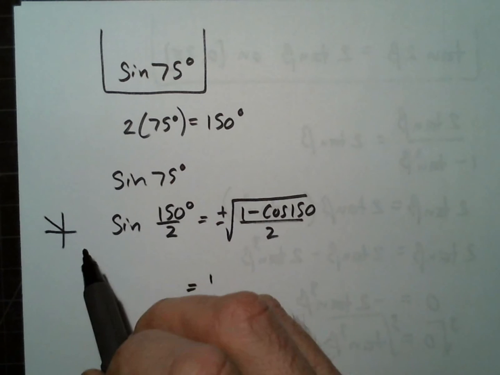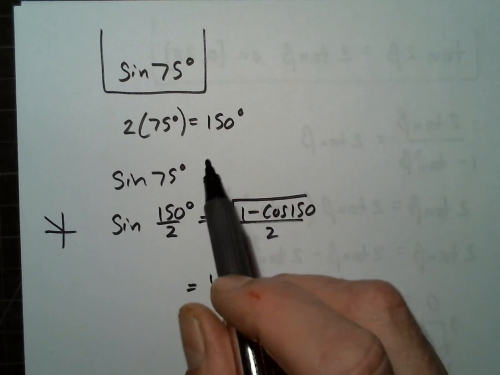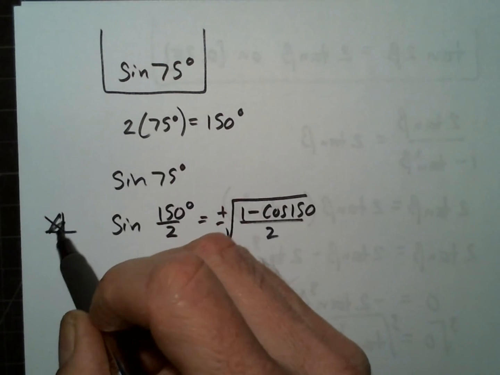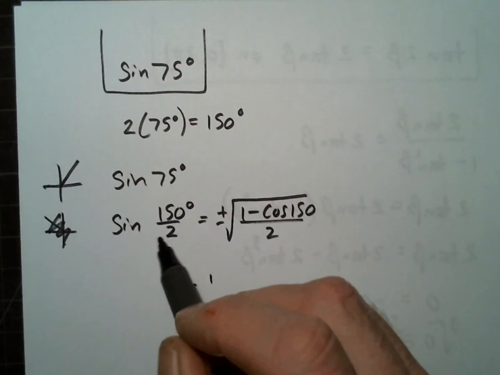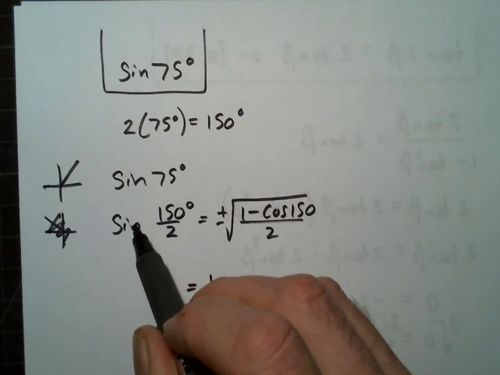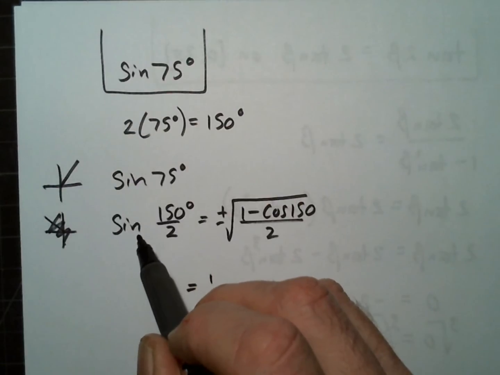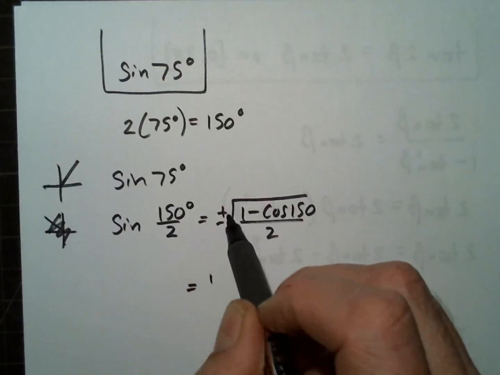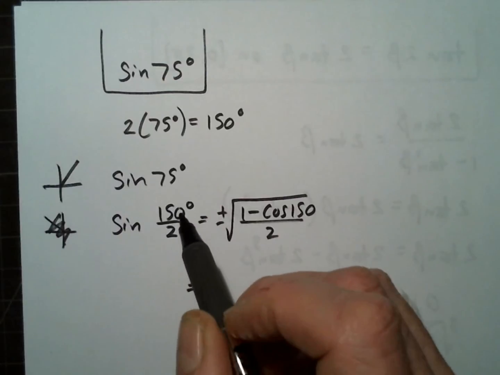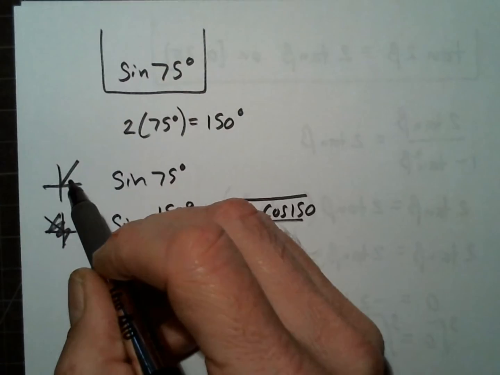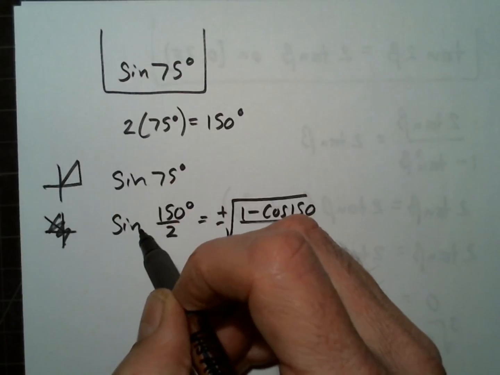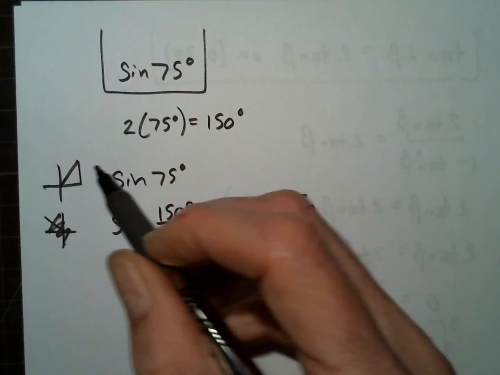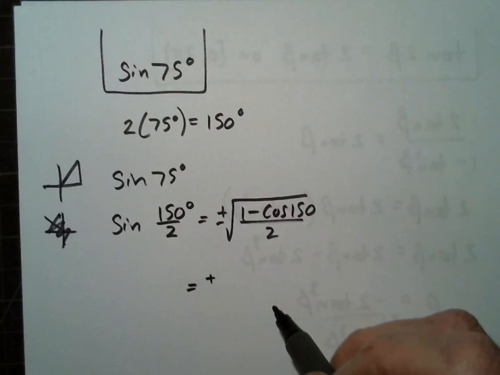No, I'm sorry. Let's look at 75. We're not looking at 150. We're going to look at 75, it's there. So we're trying to find out the sign, S-I-G-N, of S-I-N-E. What sign should we use here? If we're looking at a 75-degree angle, we see that sine, S-I-N-E, is positive. So we're going to take the positive there.